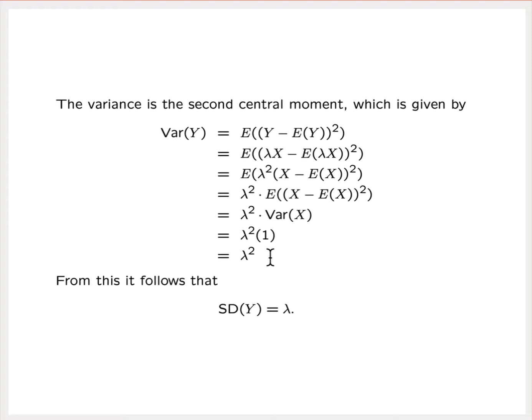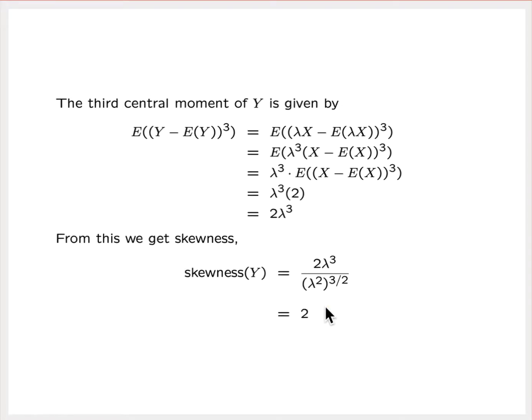Now, once we have that, we know that the standard deviation of y is the square root of the variance. And so the standard deviation of the distribution is equal to lambda. Now we can find the third central moment of y using an approach very similar to what we did with the second central moment.